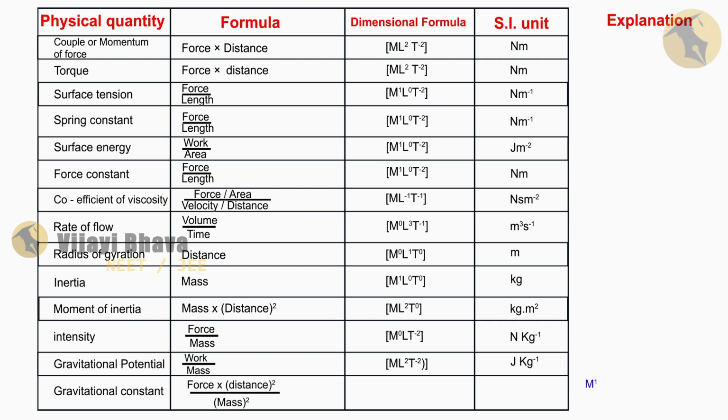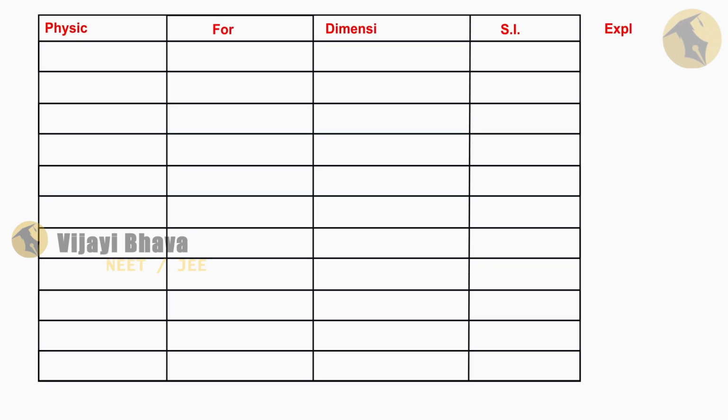Force is M1 L1 T minus 2, distance square is L2, by mass square, which is M2. On cancelling masses in the numerator and denominator, we get the gravitational constant's dimensional formula as M minus 1 L3 T minus 2.